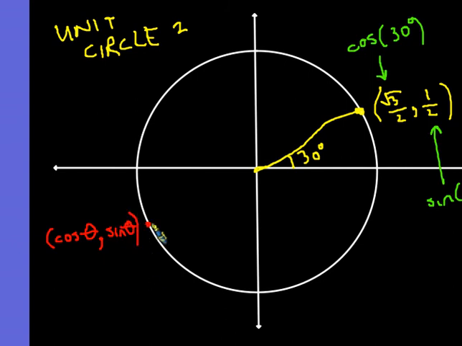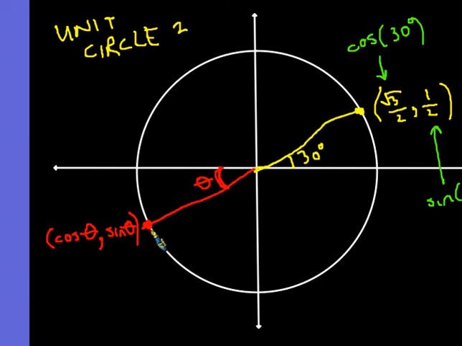Whatever this point is, whatever its coordinates are, as long as this is a circle with a radius of 1, every point on it gives us, well, let's go ahead and draw this out so that we're very clear. If we take the angle from the horizontal, and we'll call it theta because that's what I used right here, and we want the cosine or the sine of this angle, all we need to do is look at the coordinates of this point.